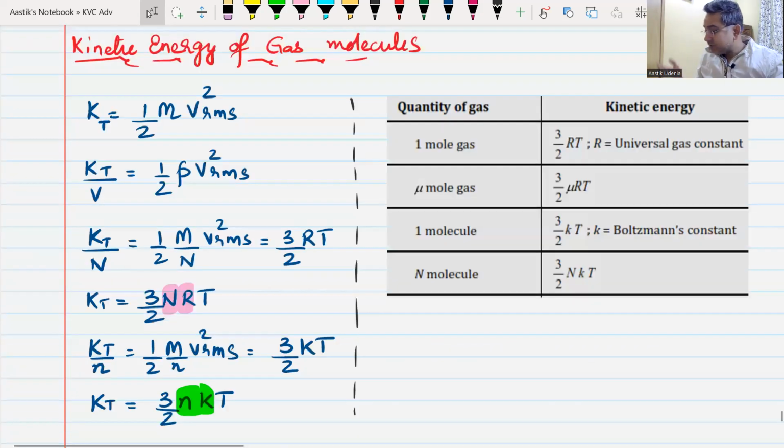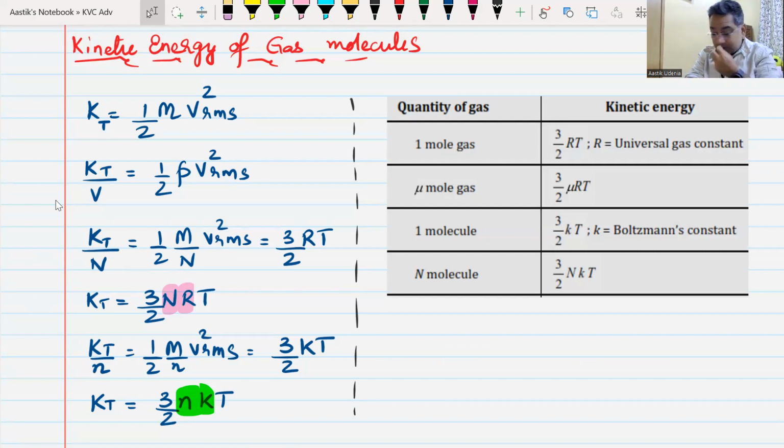We'd also seen kinetic energy of gas molecules, different types, different ways in which you have written total energy per unit volume, average energy per unit mole, average energy per unit molecule, 3 by 2 kT, 3 by 2 RT, and so on. You all remember this?